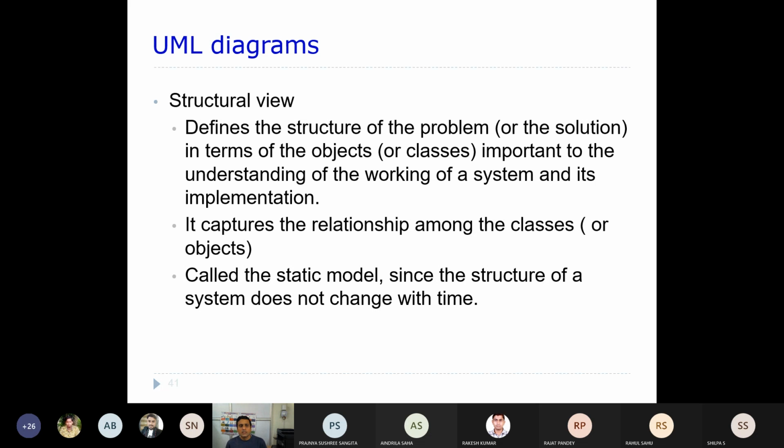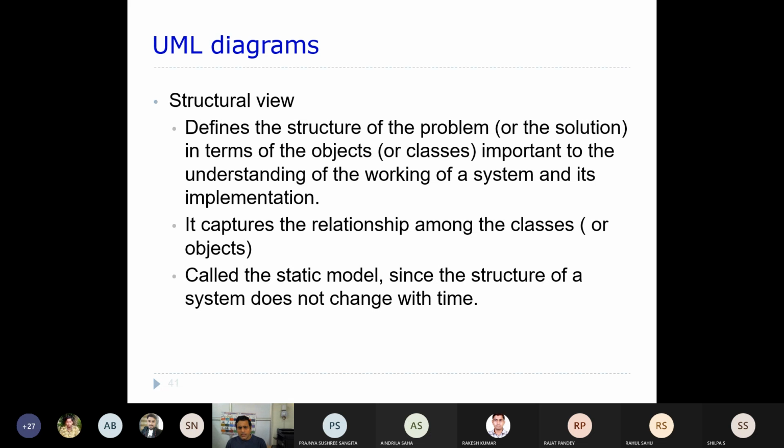This is a structural view, because the number of objects required for that system will never change. It is always constant. If you take a bank ATM machine, you can easily identify the different objects that can be part of it, and once you identify that these many objects are there, that is never going to change.